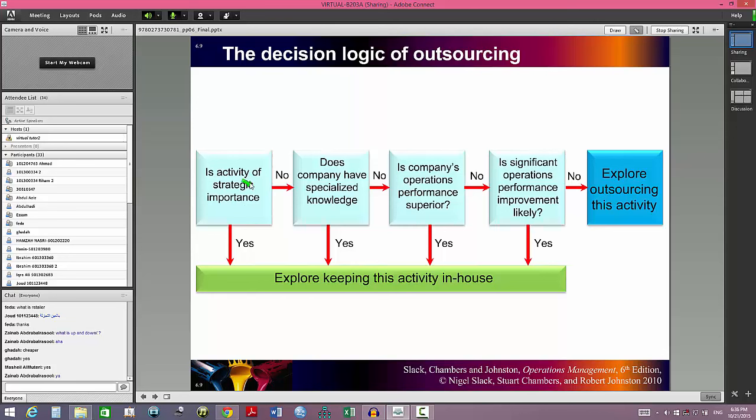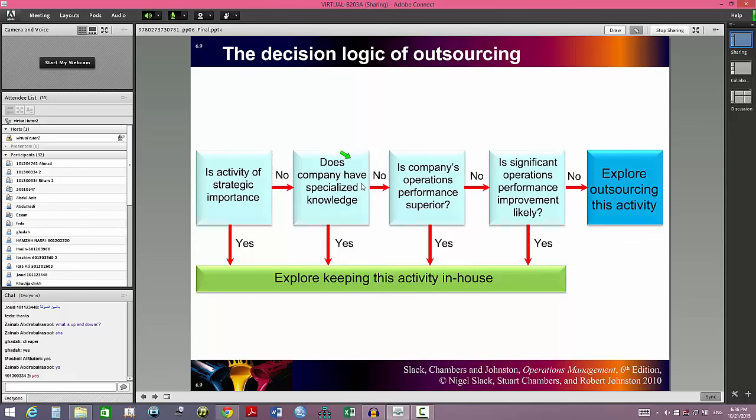Activity here means the operation itself or a process inside the operation. If the operation or a process is very important to your business, you cannot run without this operation, then it's better to do it in-house. Okay? If the activity is of strategic importance, then you need to explore keeping this activity in-house.